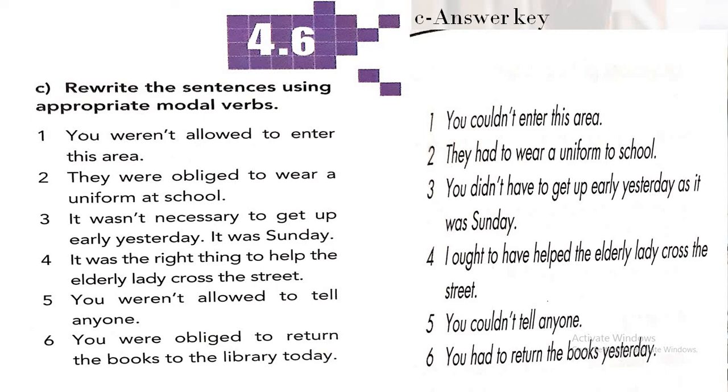4, I ought to have helped the elder lady crossing the street, so it was the right thing to help, so I ought to. 5, you couldn't tell anyone. You weren't allowed to tell anyone, so instead of weren't we use couldn't. And we have you were obliged to return the books to the library.